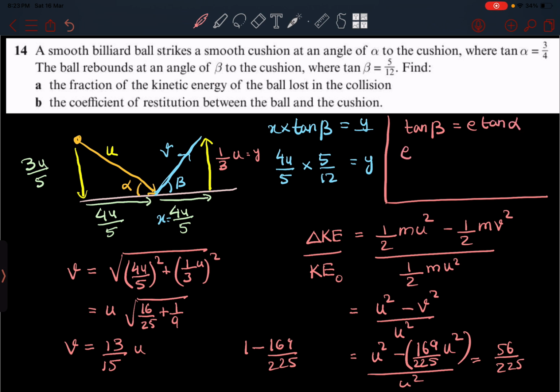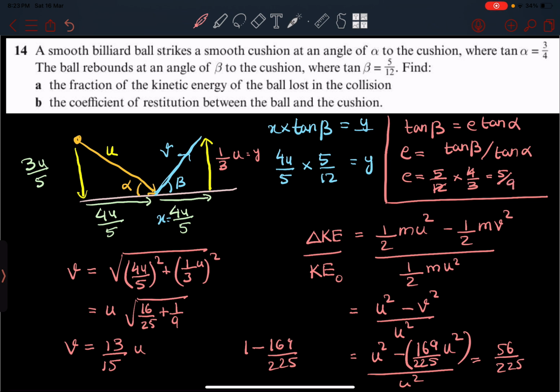All we have to do now is E equals tan beta over tan alpha, so that'll be 5 over 12, keep flip change, 4 over 3, so E should be equal to 5 over 9.